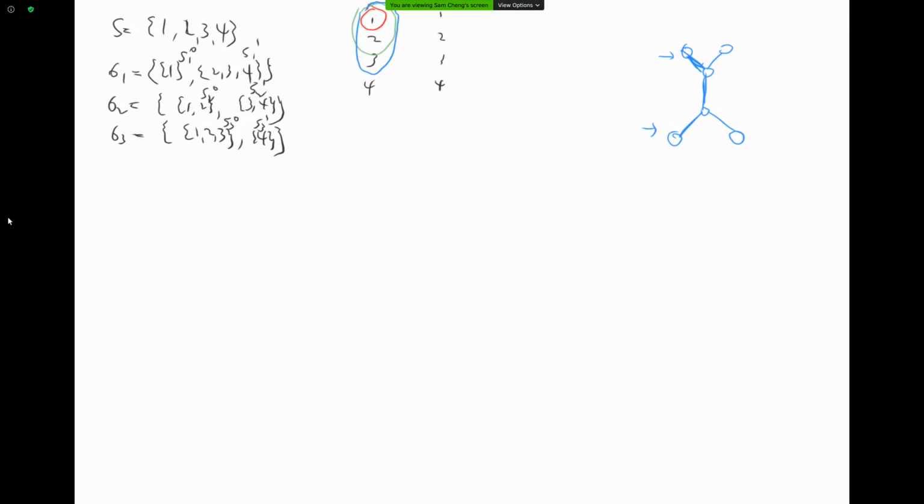I only change the first split, so instead of taking the subset 1, I take the subset 2, 3, 4, and the rest is the same. Then these two nodes will be connected by an edge, which I can indicate by the split, like sigma 1, and so on and so forth.